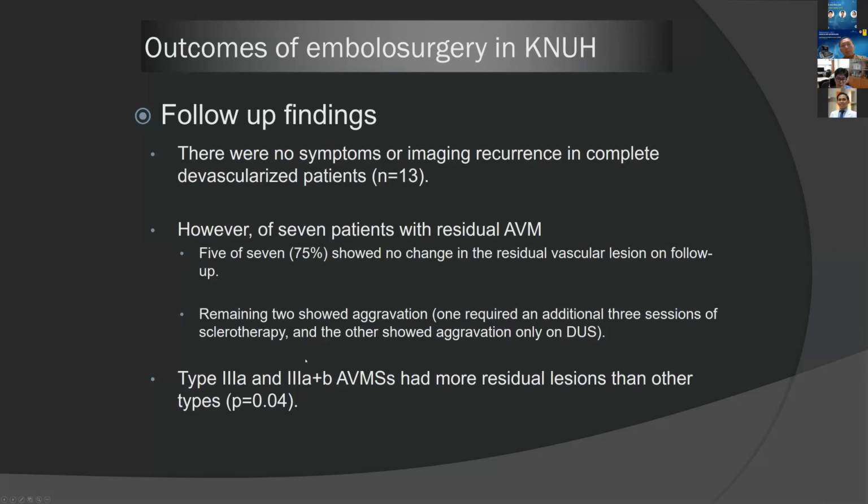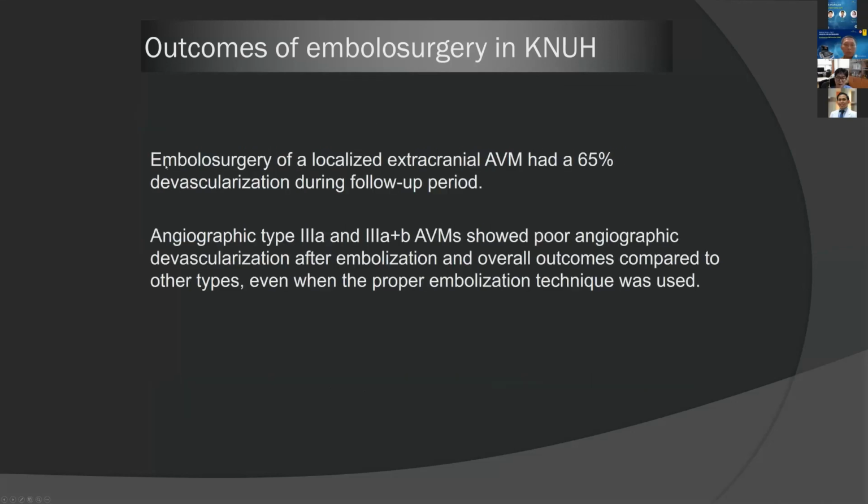It is very important because these type 3A and type 3A plus B AVMs are very difficult to treat. So in our data, angiographic embolization plus surgery had a 65% devascularization rate, and type 3A and type 3B show a poor outcome.